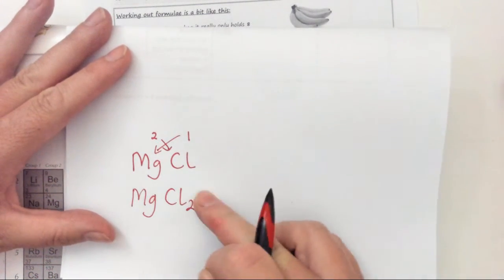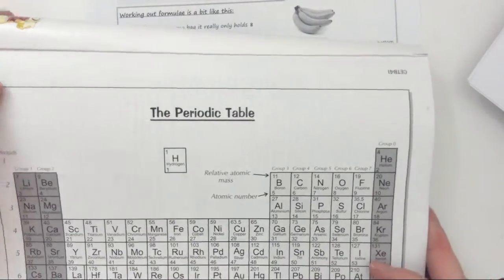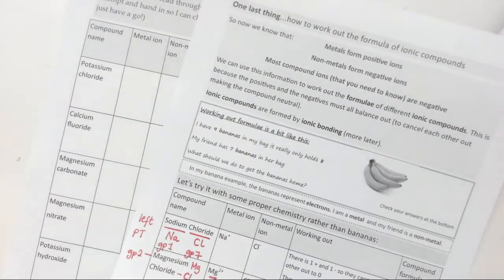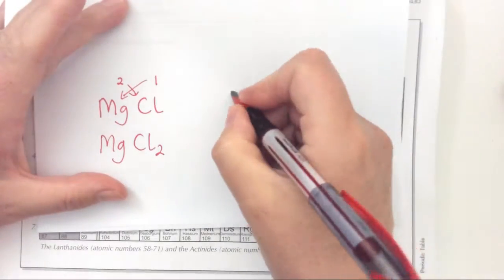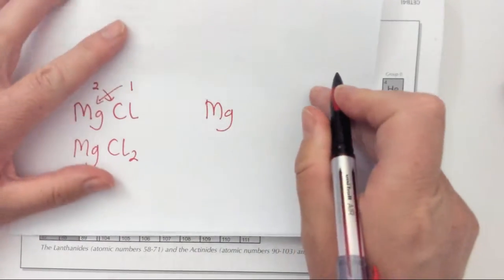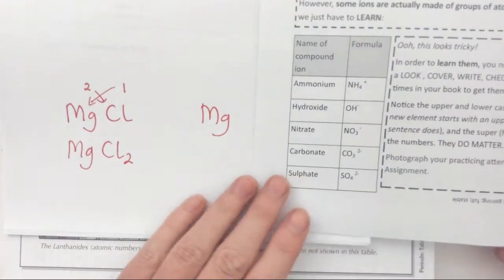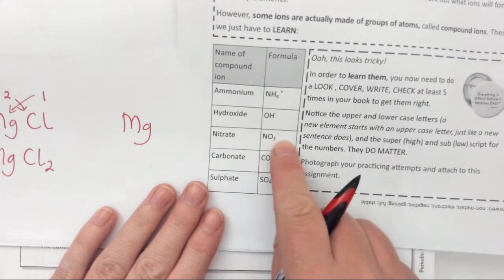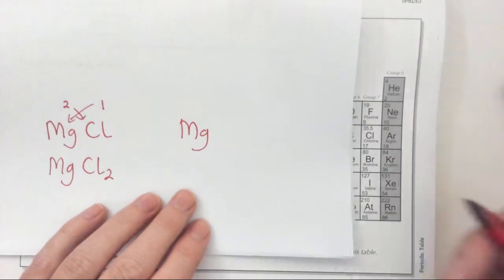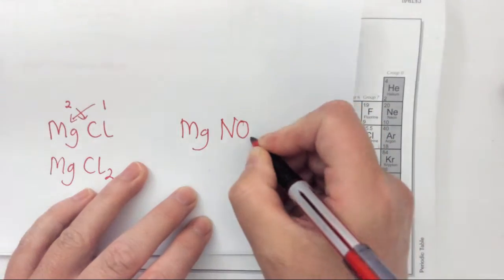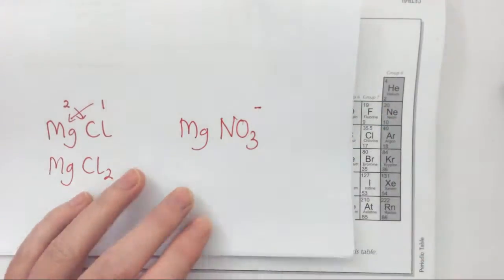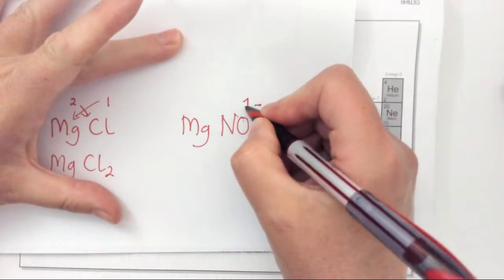I'm going to try this way on a more complicated one. Let's say magnesium nitrate. I might not remember what nitrate is, so I find it on here. There's nitrate, NO3-. So that means it's got a combining power of 1.